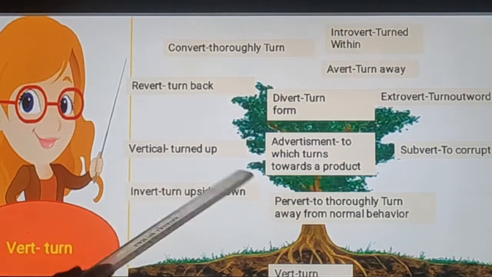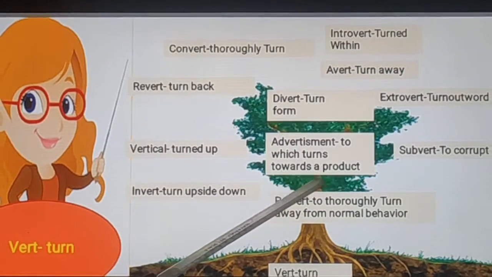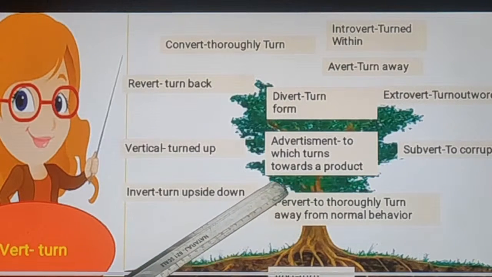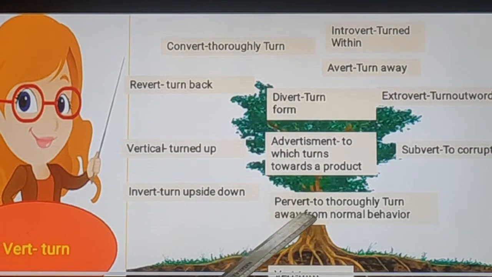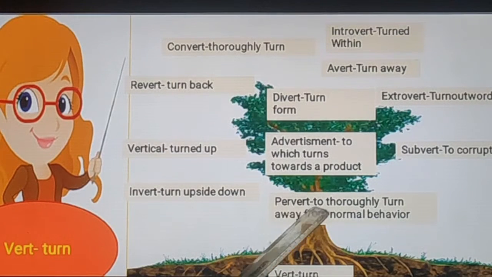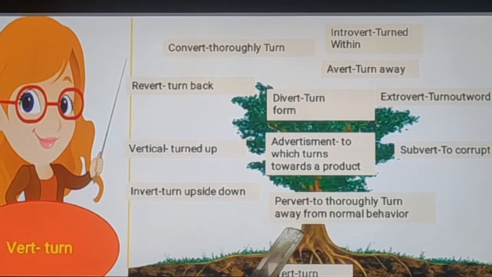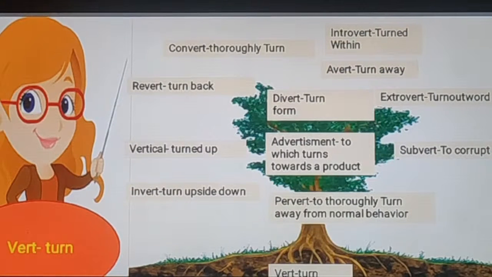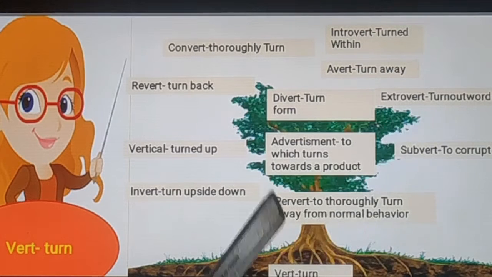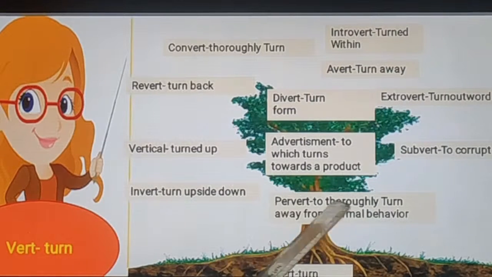That turns towards a product. Product advertisements. Okay, now next one. Pervert. Pervert means to thoroughly turn away from normal behavior. That is called pervert.